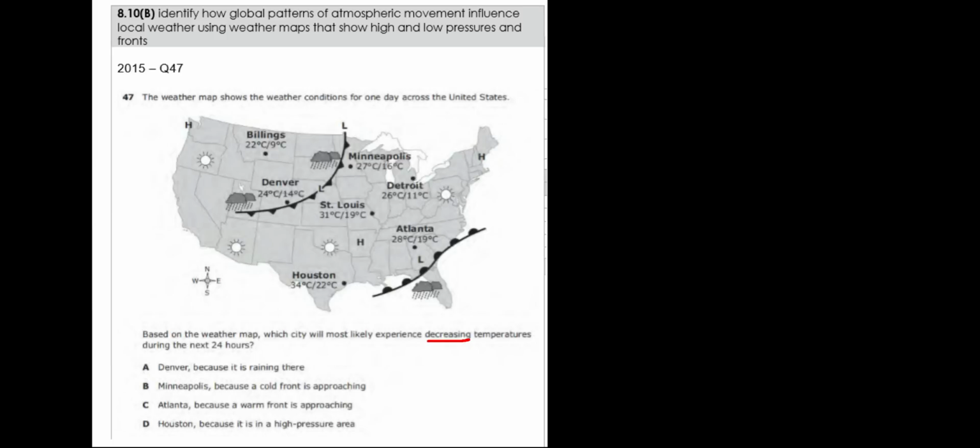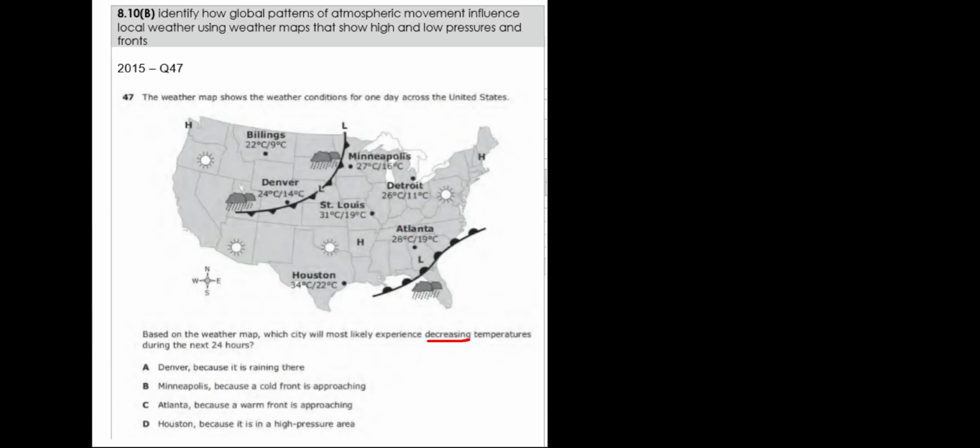So going back to our question, which city will most likely experience decreasing or cold temperatures during the next 24 hours? Our choices would be Denver, Minneapolis, Atlanta, or Houston. Looking at where they're located on the weather map, here's Denver, Minneapolis, Houston, and Atlanta.